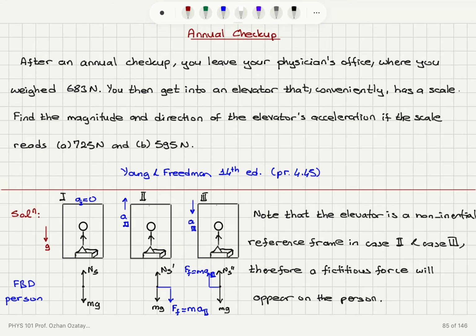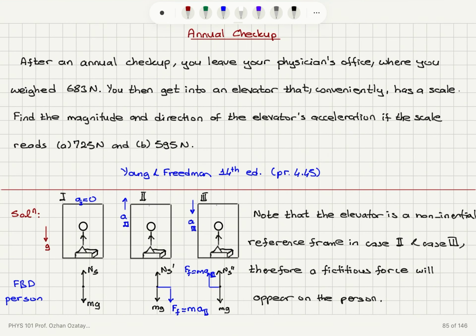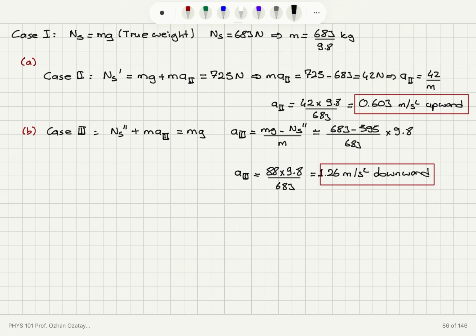Okay, so in all of these situations, we write the net force on the y-axis equal to 0 because we have an equilibrium situation. So this is my y-axis. And from the true weight 683 newtons, I can get the mass of the person, 683 divided by gravitational acceleration 9.8. Then I substitute for m this quantity.